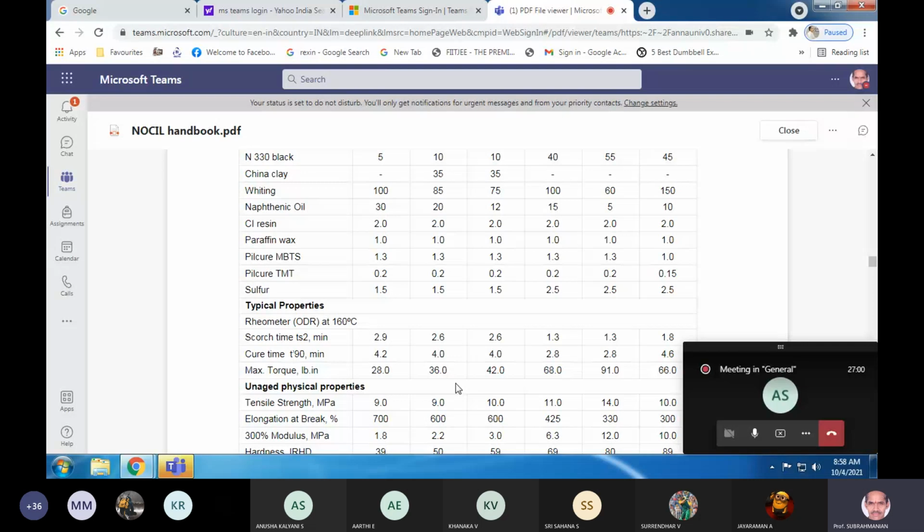Whereas internal mixing happens in a closed chamber. So there is a lot more science in internal mixing, even though that is beyond the scope of rubber compounding. I must tell you, internal mixing.